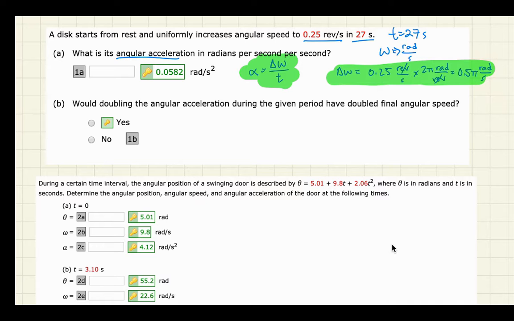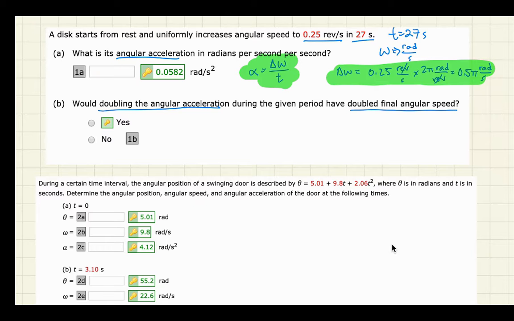And then here we have, would doubling angular acceleration double the final angular speed? This is a great type of exam question for this year because it is a conceptual question that you have to know the math in order to answer, but you don't have to actually do calculations or show math in order to do it.